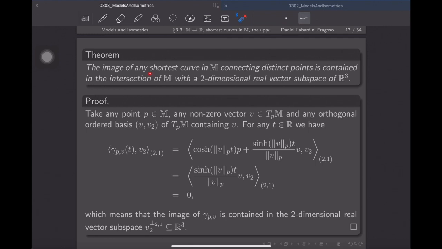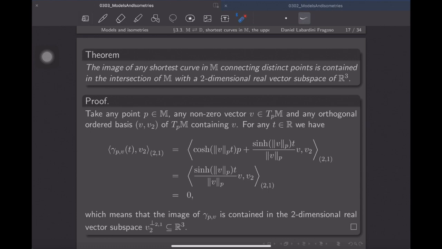If I take any shortest curve, here when I say the image of the shortest curve, recall that a curve is really a function from some interval to the hyperboloid, so what I see as the curve is just the image of the function. When I take a shortest curve, that shortest curve is actually contained in the intersection of M with a plane through the origin.